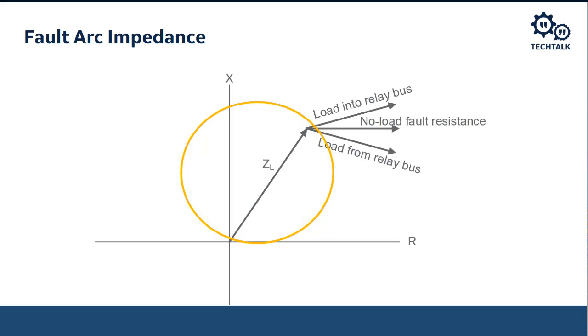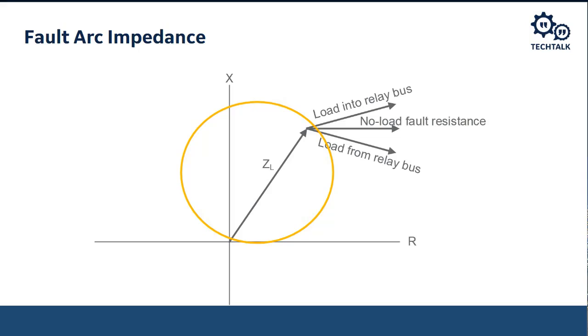What most utilities will do is use a ground directional element to sense those ground faults, and if both of the relays sense the ground fault in the same direction, they can operate with the permissive overreach transfer trip scheme and operate fairly fast.